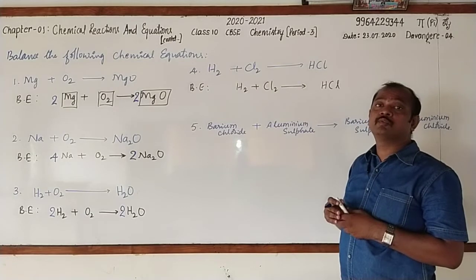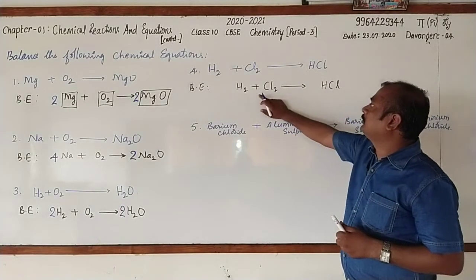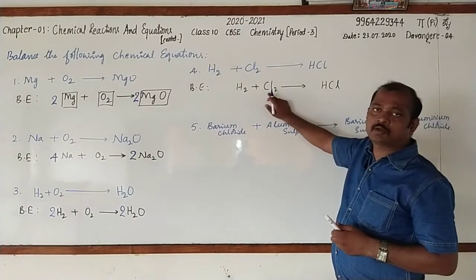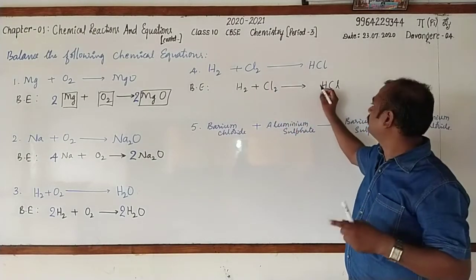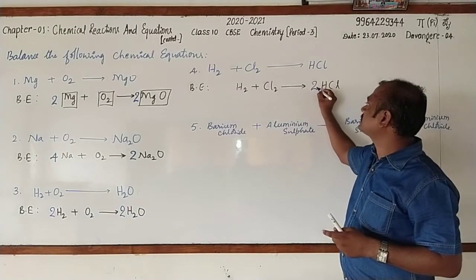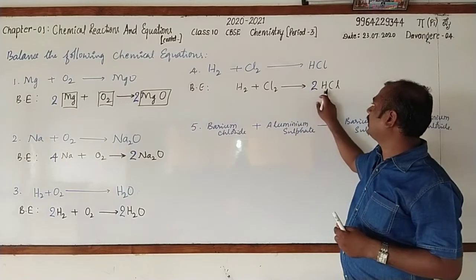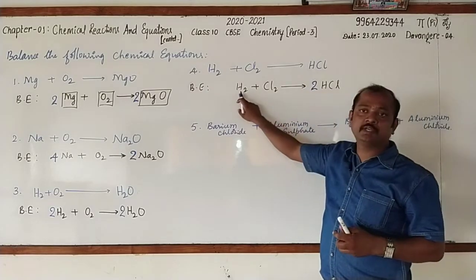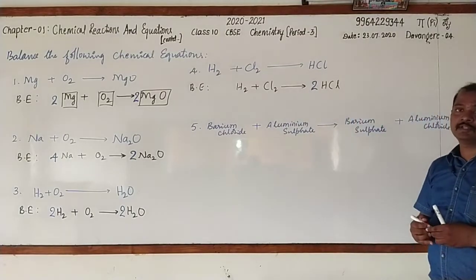Then how do you balance it? Observe it. You may take either hydrogen or chlorine. Here 2 atoms of chlorine, here only 1 atom. What should be multiplied? This is 2. Count. 2 atoms of chlorine, 2 atoms of chlorine. Hydrogen, 2 atoms of hydrogen, here 2 atoms of hydrogen. So this is a balanced equation.